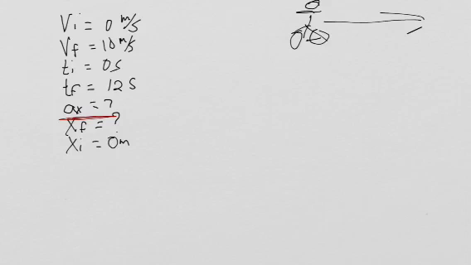We don't have either of our displacements, so that cancels out equations 3 and 4. Equation 1, I'm going to mark a little 1 up here, is V final equals V initial plus A delta T.